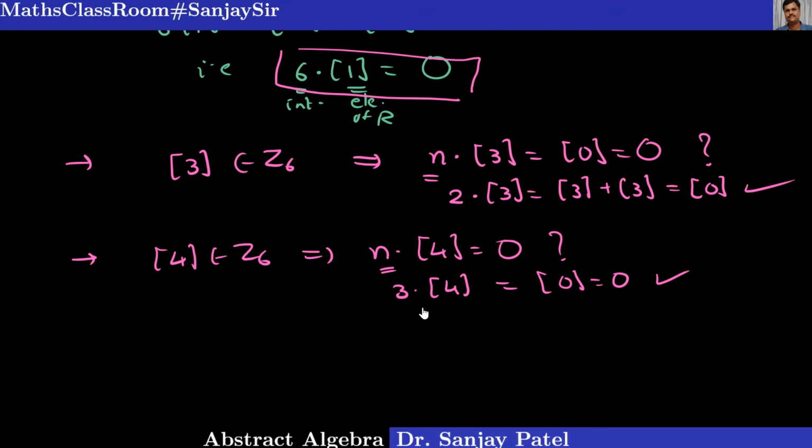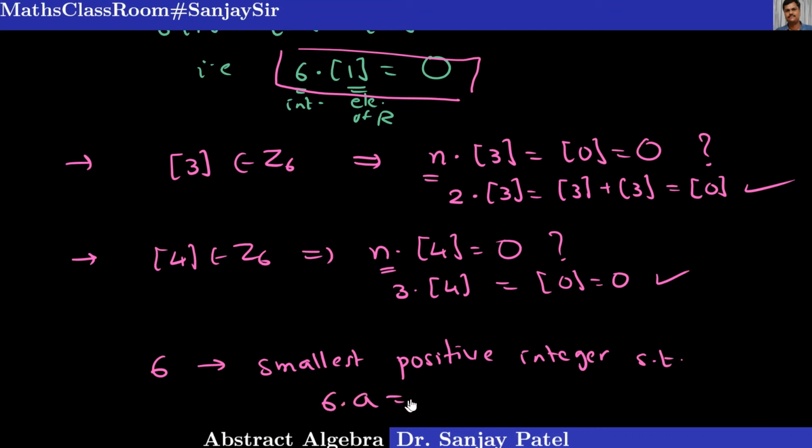So if you observe all this, then you can realize that 6 is the smallest number. This is the smallest positive integer such that 6 times a equals 0 for every a belongs to Z6.